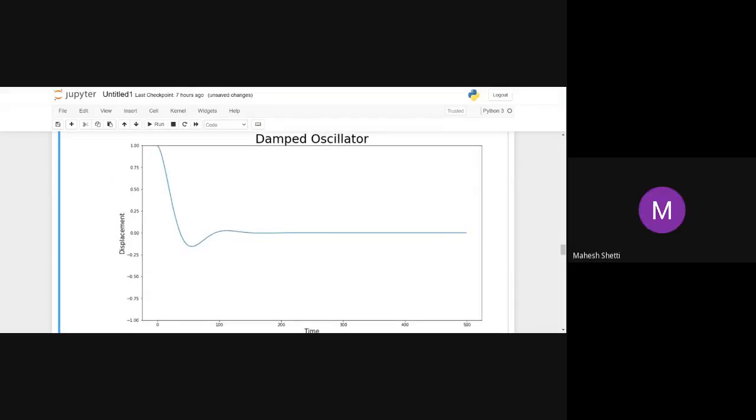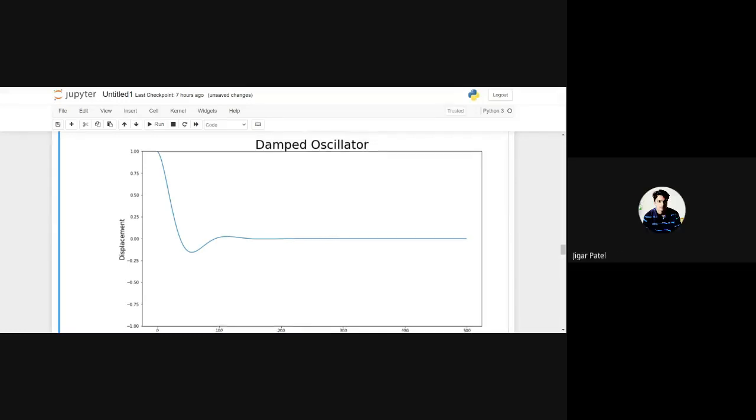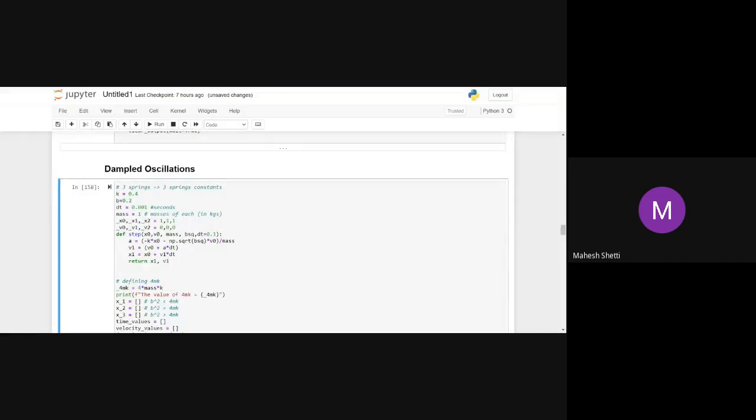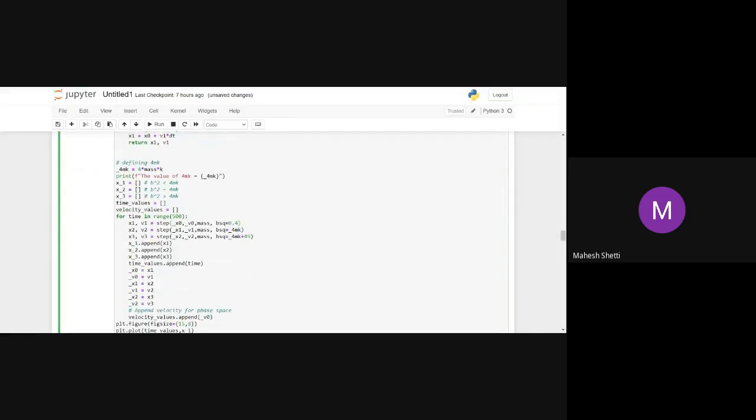Yeah, so it is damped more. It is underdamped, but it is coming down to 0 almost within one oscillation. Okay, you can increase it to say 0.5 from 0.4, or 1.